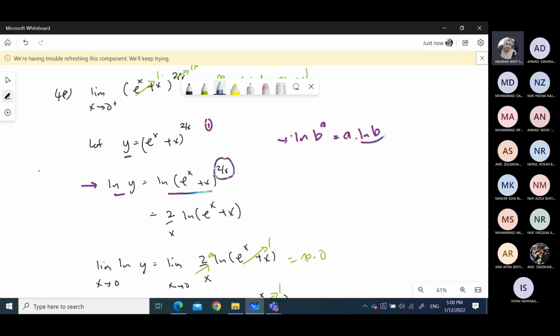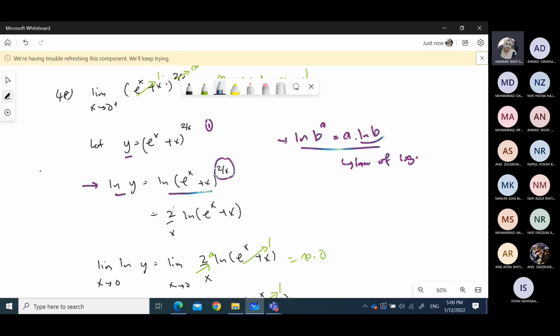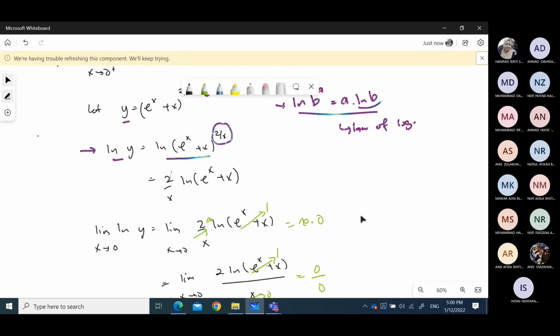Okay, so ini adalah dalam hukum logarithmic, which is law of logarithmic function. Okay, so bolehlah kita bawa 2 over x ni ke depan. Satu line. Okay, so now we have natural log y equivalent with 2 over x times natural log exponent of x plus x.